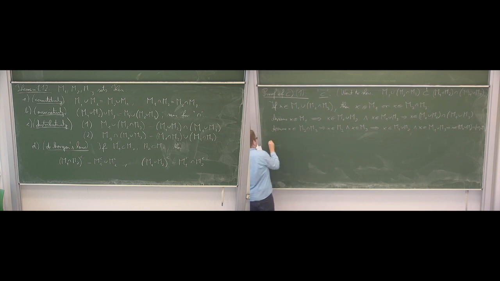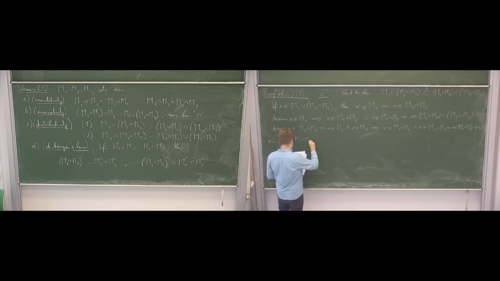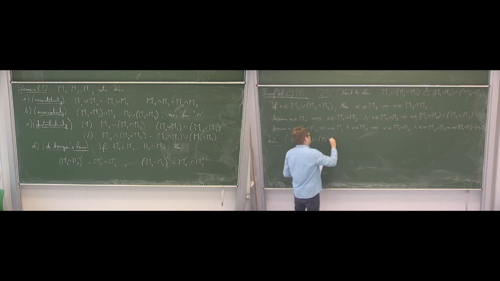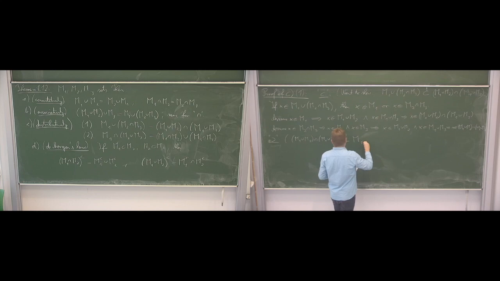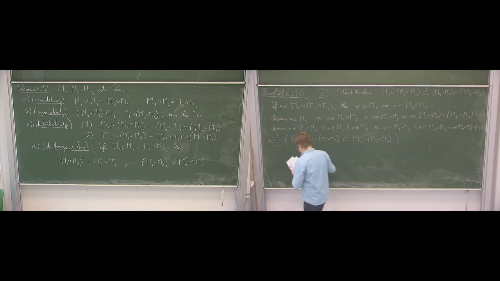So for the other direction, this is what we denote like this, with the other symbol. We now want to show that the right-hand side is contained in the left-hand side. So we need to show that M1 union M2 intersected with the union of M1 and M3 is contained in M1 union with the intersection of M2 and M3.